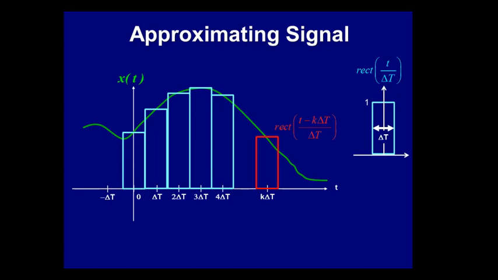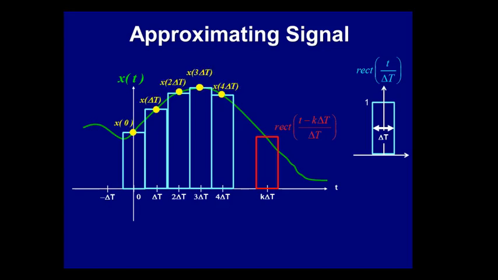So this red rectangle function is just an example of one of them. It would be a rectangle of width delta t shifted by k times delta t. So are you okay with this rectangle function here in red describing this red rectangle? All right. The other thing I'm going to do is scale the height. I'm going to scale the height of each one to match the intersection of the rectangle center with that function, so that those center points give me the approximation I want for the function.